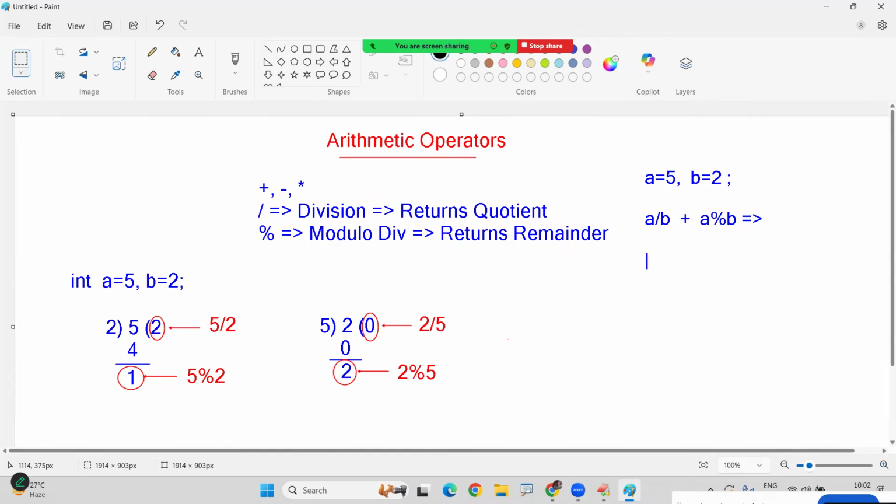Next one is B by A plus B mod A. Next one is A by B plus B mod A. Next one is B by A plus A mod B. Next one, A by B plus B by A. Next one is A mod B plus B mod A.